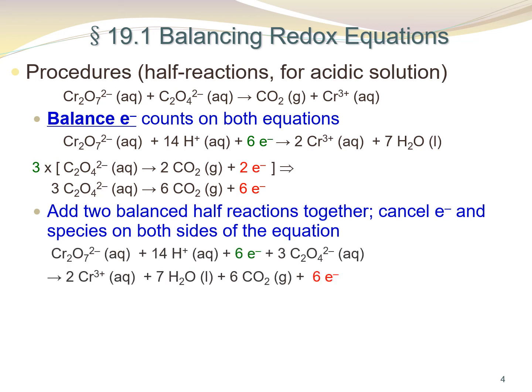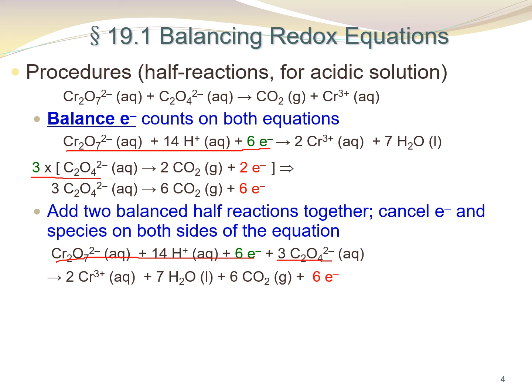Now let's see. We have 3 reactants on the first half reaction, and we have 3 oxalate. So we do the same thing on the other side of the equation.